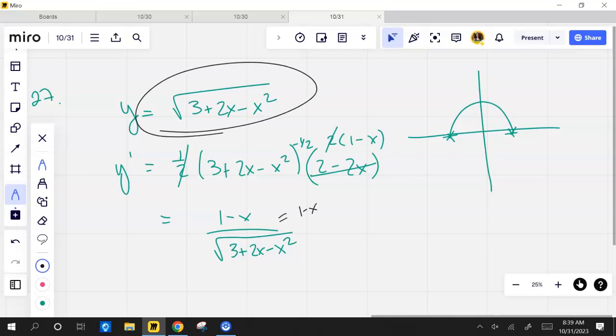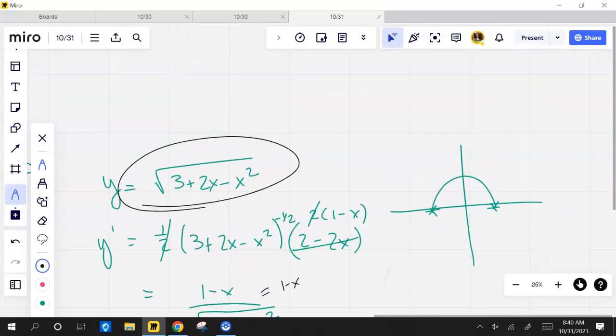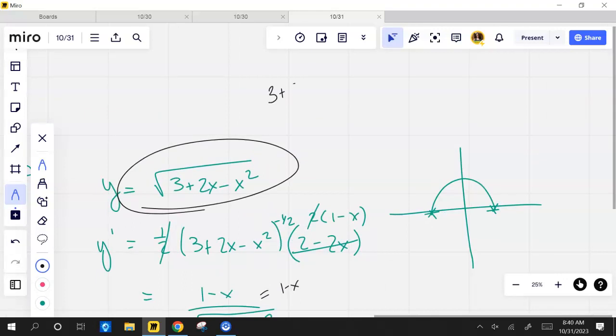I guess, first of all, what's the domain of this one? What's your original domain? Okay, so it's got to stay greater than or equal to 0 because it's a radical. So I'm going to factor this. I'll probably take out a negative and make it x squared minus 2x minus 3.